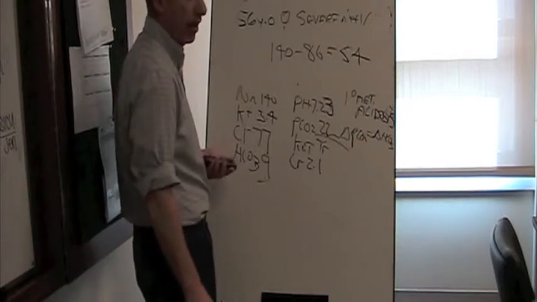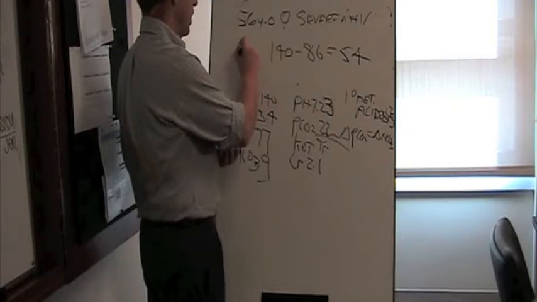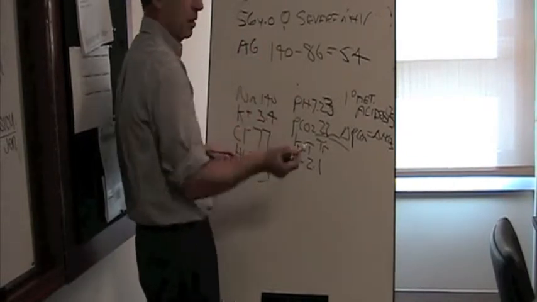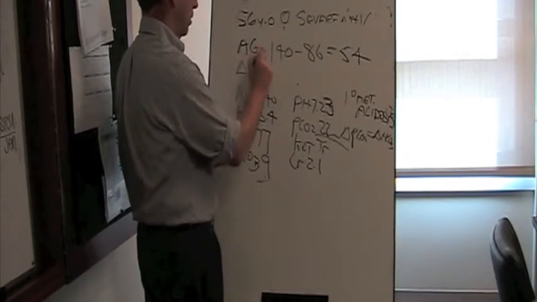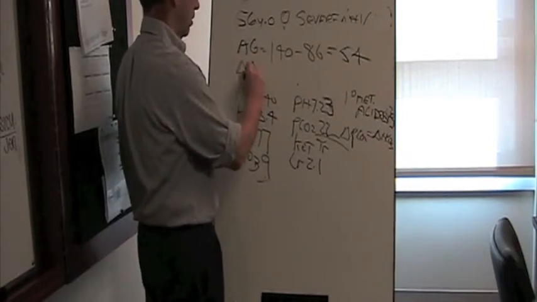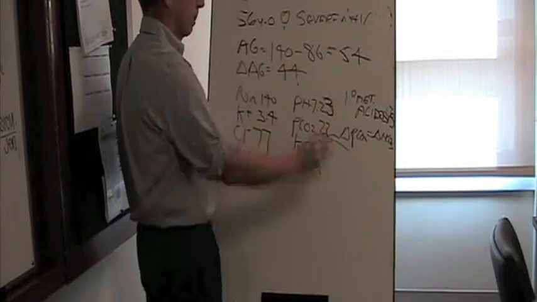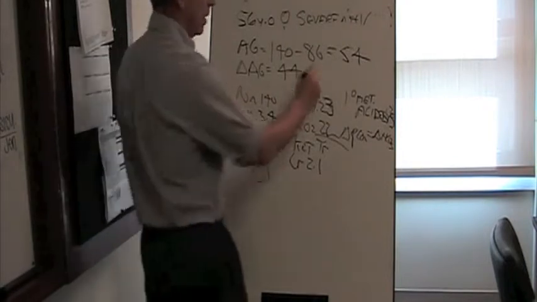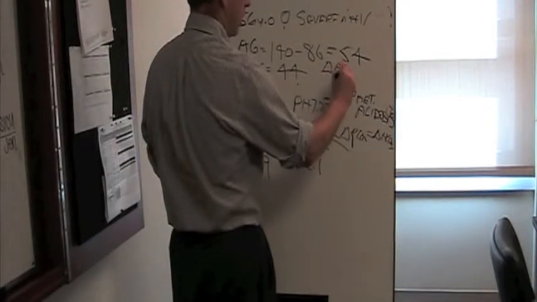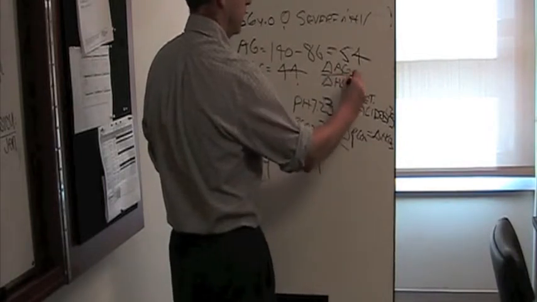Very large anion gap, right? Okay, so this is the anion gap. And what's the delta anion gap? It's 44. Okay. And what is the delta anion gap over the delta bicarb, or the delta-delta?